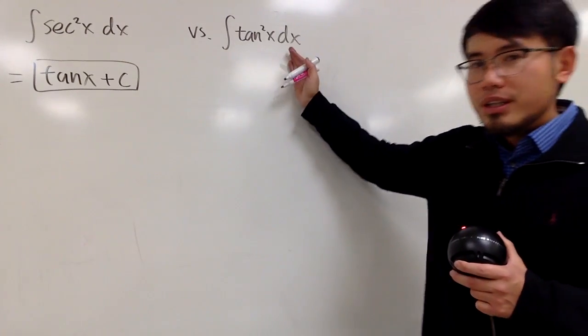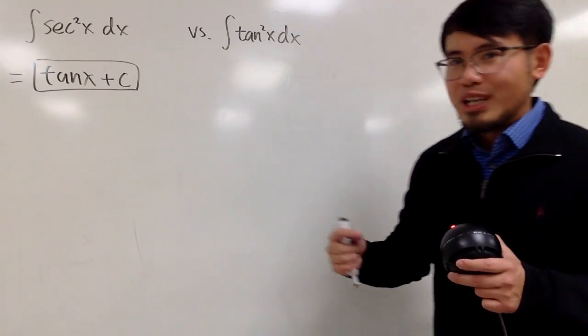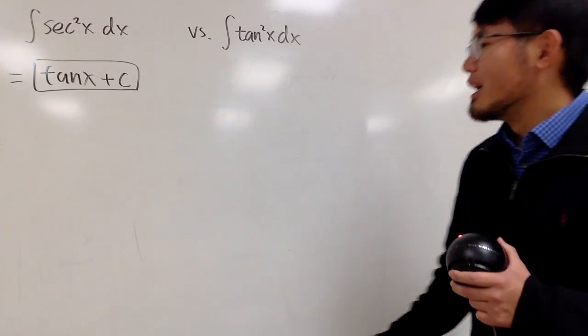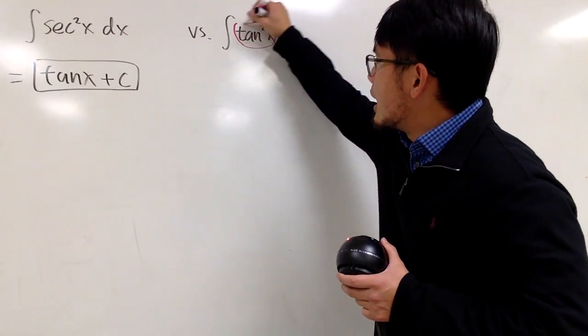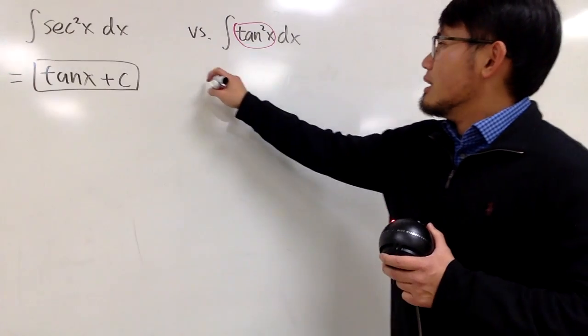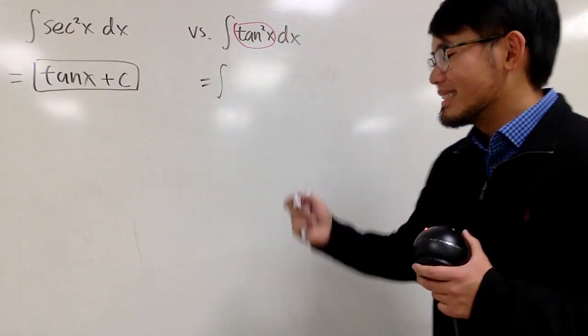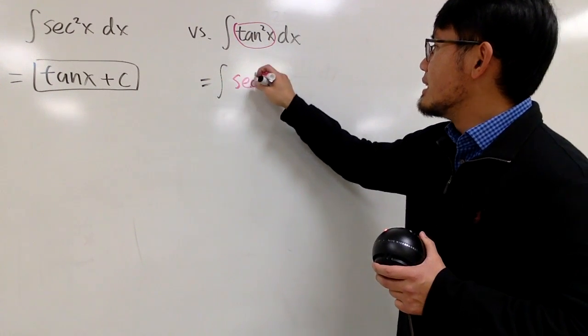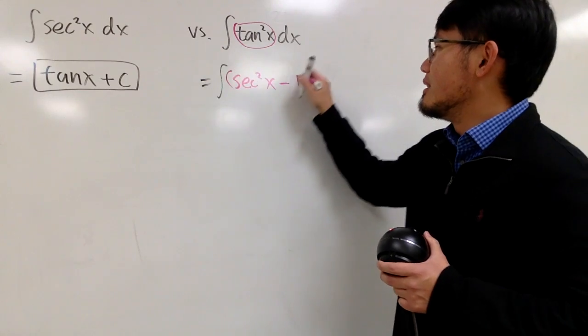Well, as opposed to this right here, it's kind of hard to think about the derivative what will give us tangent square, huh? But it's okay, because if you look at this right here, tangent square x, we know that it's actually the same as secant square x minus 1 by the identity, right?